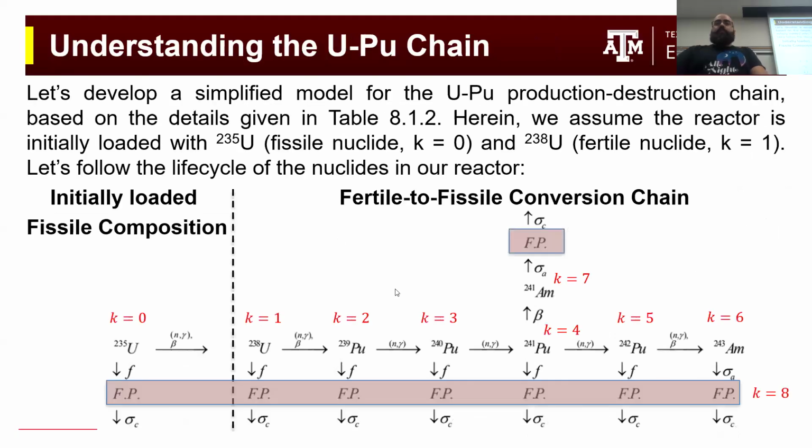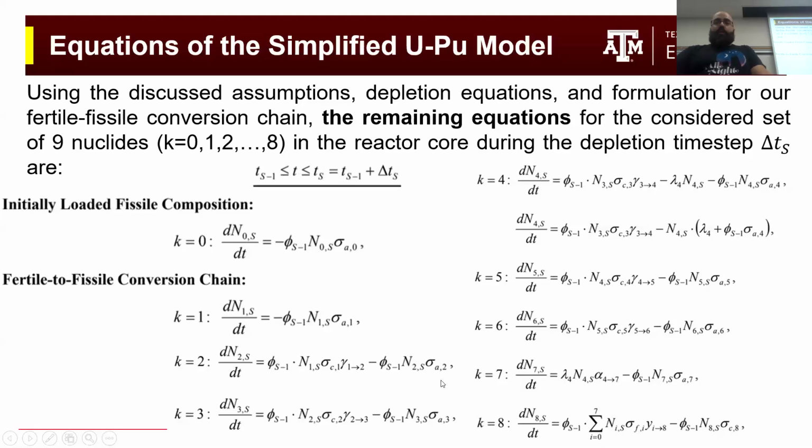Then if we look at isotope 2, it has a production due to uranium-238, which is isotope 1, capturing neutrons. So it has a gain term that looks like the capture rate density of U-238, multiplied by this gamma factor, which says what fraction of captures in isotope 1 produce isotope 2.